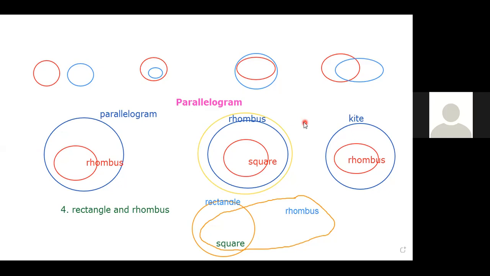So here are certain explorations you can do. There are different types of quadrilaterals, and you pick randomly any two and see which one is applicable: this one, this one, this one, or this one, for any two pairs. If you do these kinds of exercises, it helps you strengthen your understanding of the quadrilaterals.